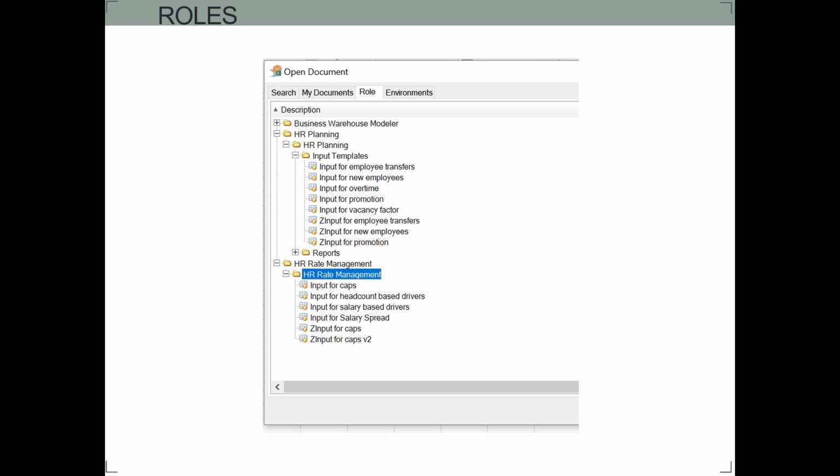It's the same for everybody. It should be done one time by one person. Letting more people do it only means more communication has to happen around what the right number is to use, and only increases the chance for error. So we have that role, the HR rate management, and then we have the HR planners, who are the people who are going to make adjustments.